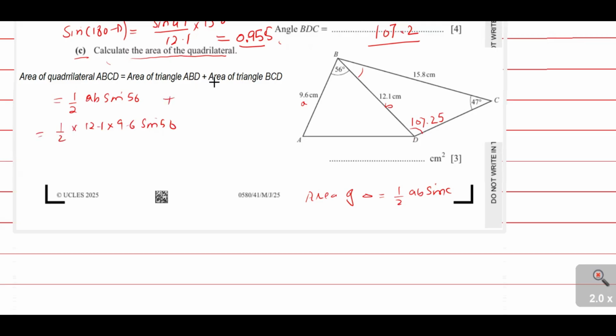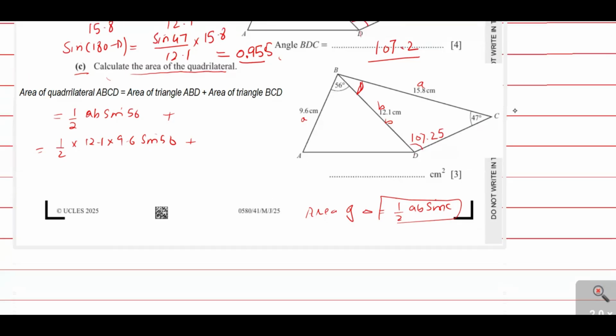And we can calculate the area of triangle BCD by using this formula. According to this, we consider this length is a, this length is b, and this angle as C. And this we can calculate by using the property of a triangle, sum of interior angles of a triangle equals 180. According to this property, we can write angle DBC plus 107.25 plus 47 equals 180.